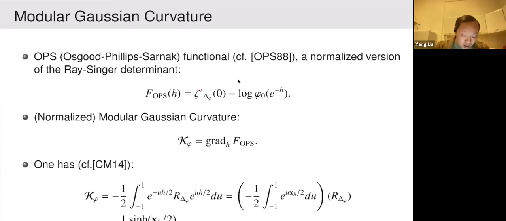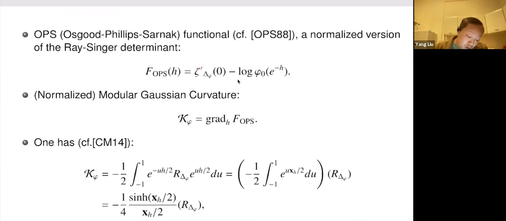So for example, if you view the previous version, the second heat coefficient, as an analog of scalar curvature, let's call this version, from the variation, the modular analog of Gaussian curvature. It is very similar to the commutative case.